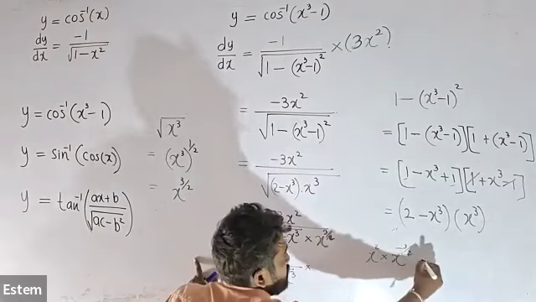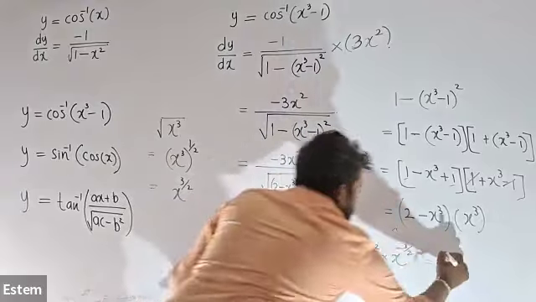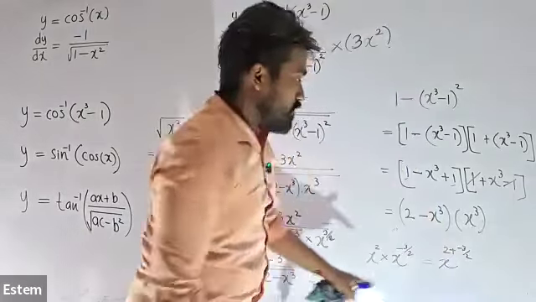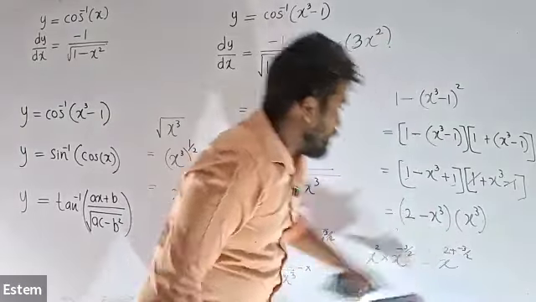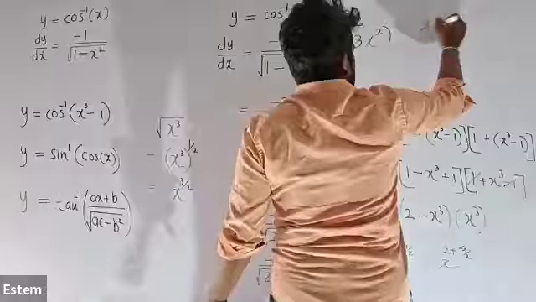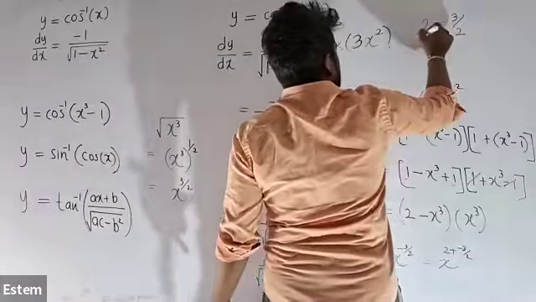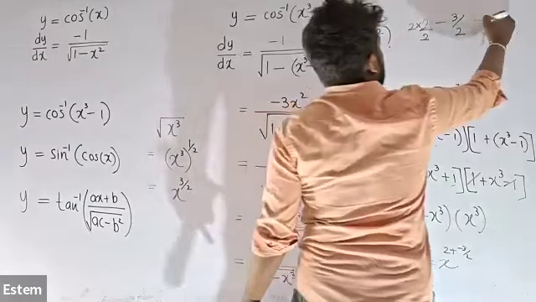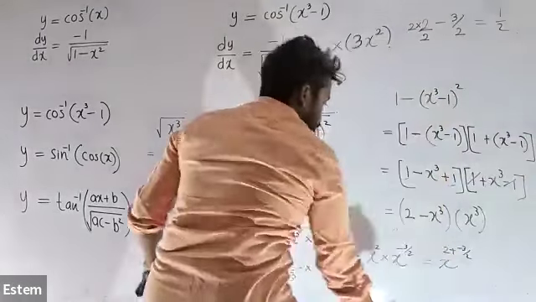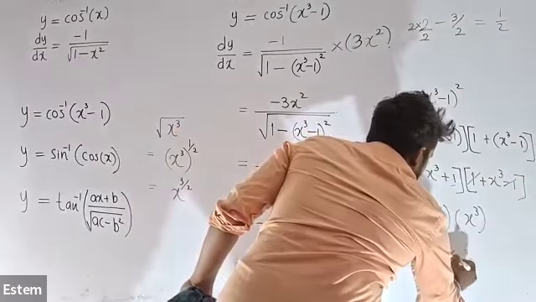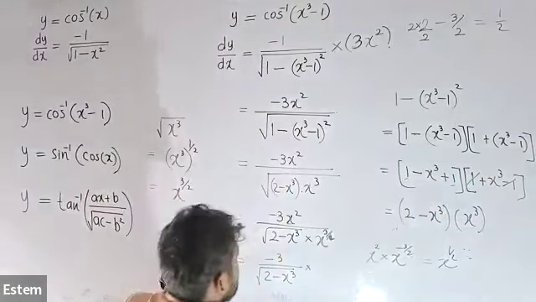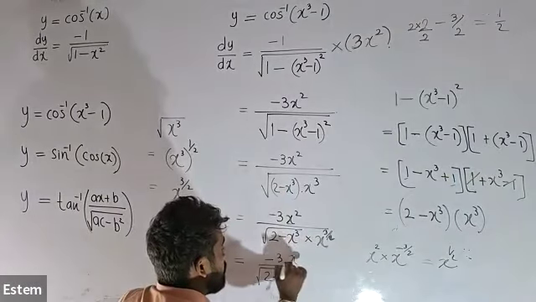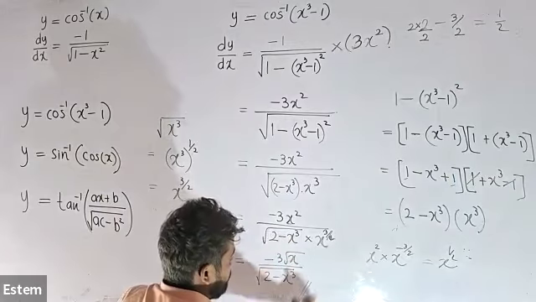Then the answer is 2 plus minus 3 over 2. 2 minus 3 over 2, we can get a common denominator here. 2 into 2 is 4, minus 3 is 1, over 2. So it is half. Then we can apply a root x here.